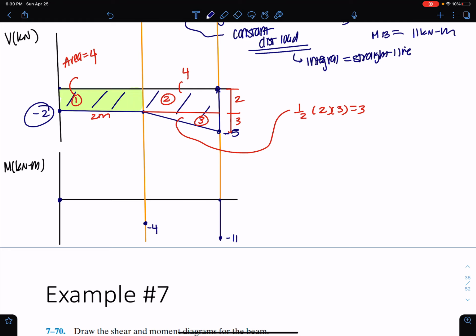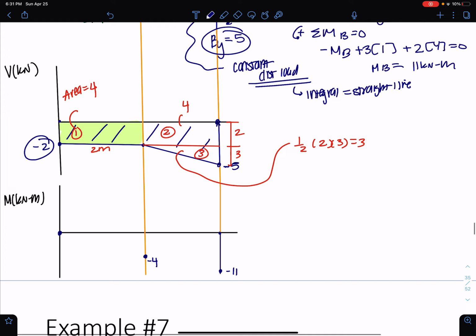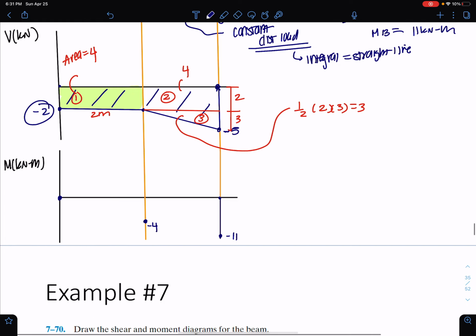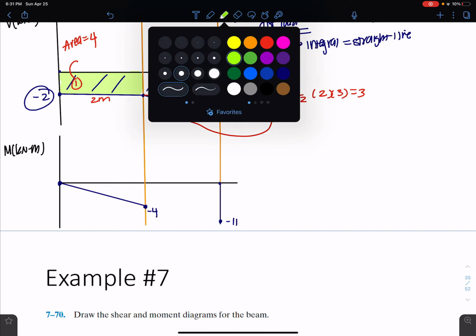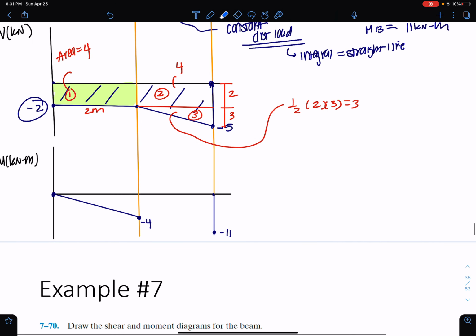How do I get there? Well, I have a 2 meter, a -2 constant value of shear here. So I need to get there with a straight line. Here I have a straight line. I'm going to highlight this in blue.